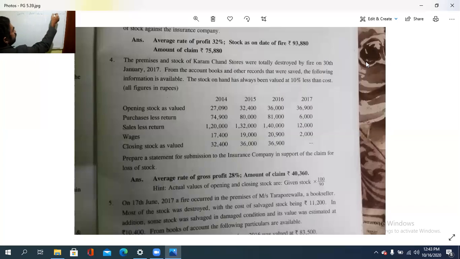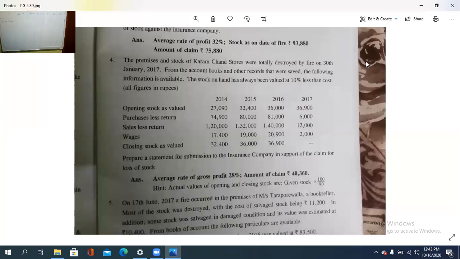Trading account we need to prepare here. So this is the particulars, and this is the particulars. Okay.